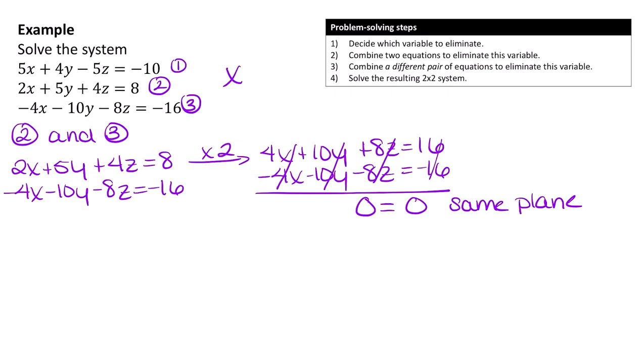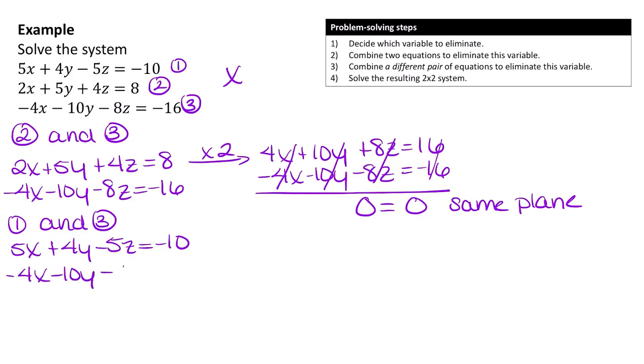Now I'm going to try combining equation 1 and equation 3. Equation 1 is 5x plus 4y minus 5z equals negative 10. Equation 3 is negative 4x minus 10y minus 8z equals negative 16. To eliminate x, I need to multiply the top equation by 4 and the bottom equation by 5.